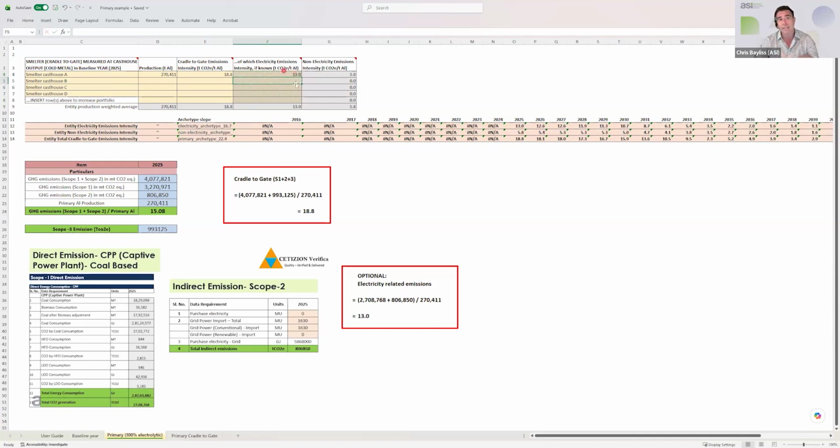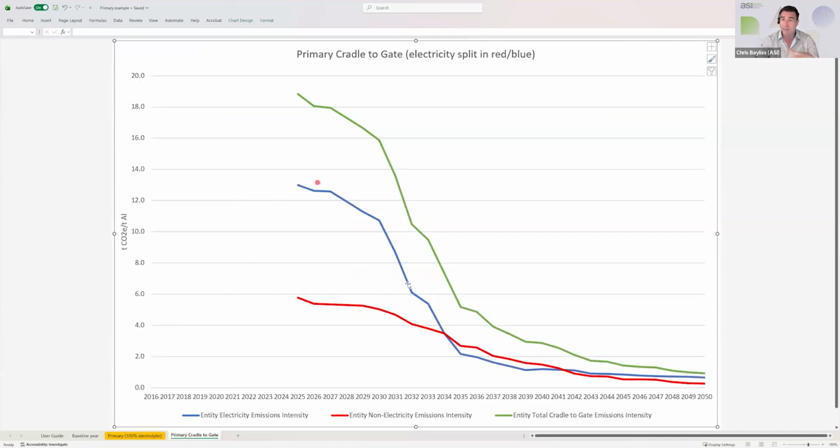If you add that into this optional box on column F, you actually have described different slopes for your electricity and your non-electricity. So we know that some entities like that. They like to have this separation in slopes, and so our method can be used for that. It's entirely optional. You can give a total or you can give a split. So that's primary. It's actually relatively easy for the primary. Relatively few data points required.